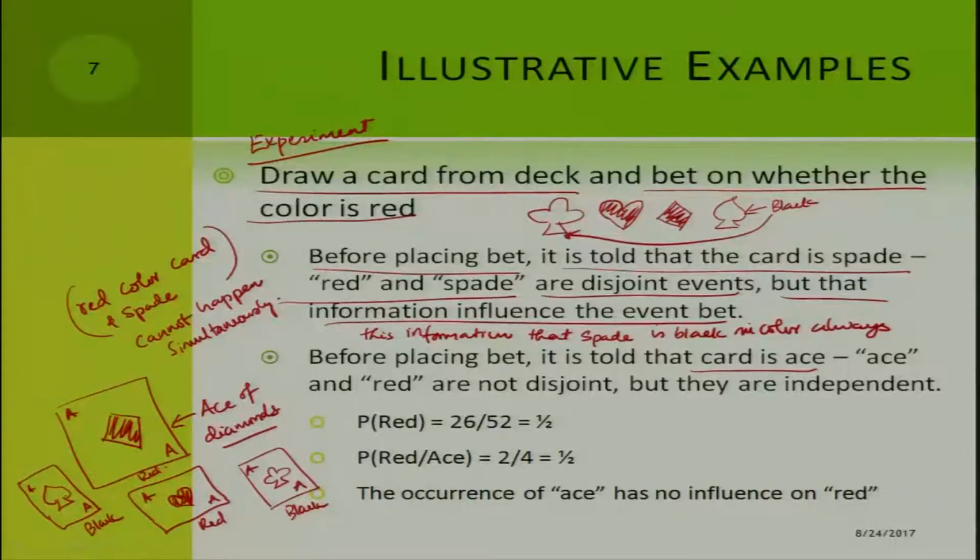So, 2 of the aces are red, 2 of the aces are black. Now the ace can be black, it can be red. So that means they are not disjoint; red and ace can happen at the same time.